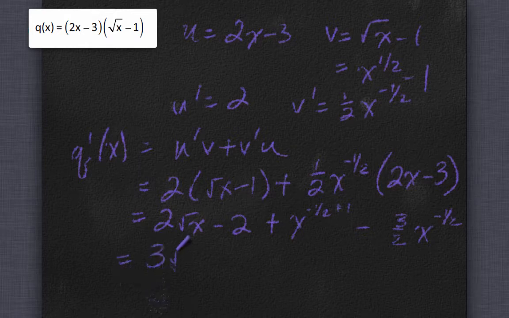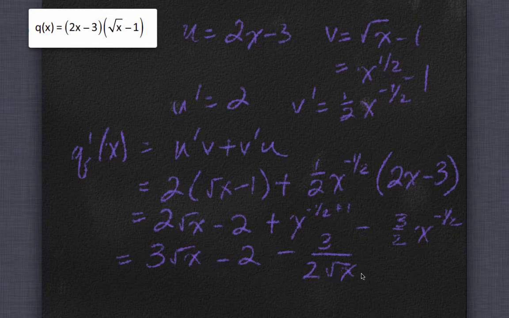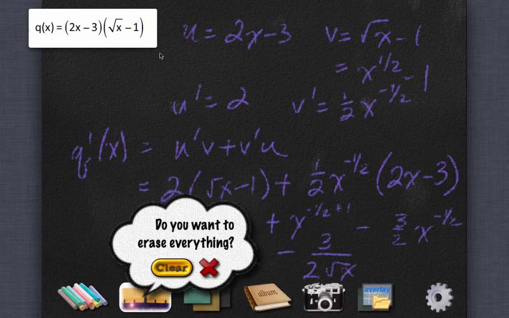So I have 3 root x's, a minus 2, and then minus 3 halves x to the negative 1/2, which puts the x to the 1/2 down here, like that. So if you're uncertain what happened between here and here, just use the negative to move it to the bottom, and then do the 1/2 to the root and practice and see if you can get there.